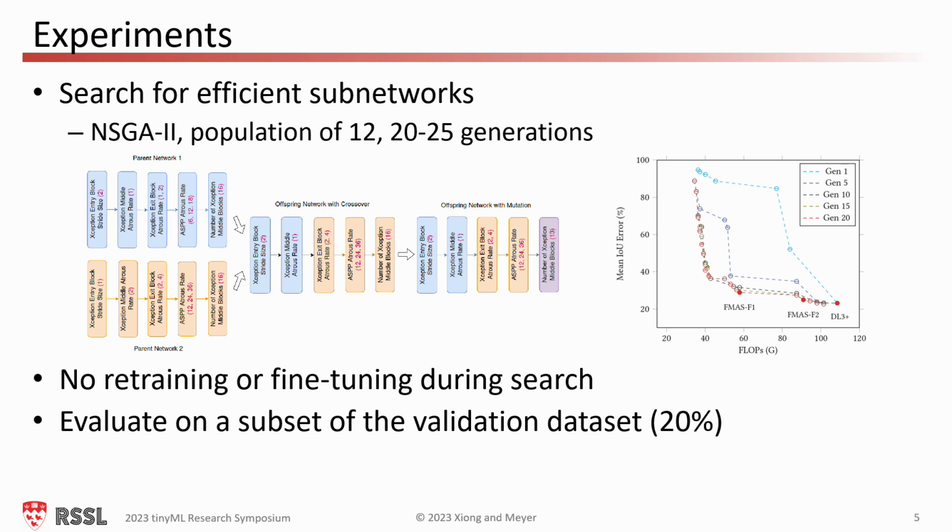And so you can see, just as an example on the right, in the first generation, a lot of the designs are to the top right. Those are expensive and inaccurate designs, but as the search proceeds, we are able to pull down into the bottom left corner where we have better trade-offs between error and computational complexity in this case.